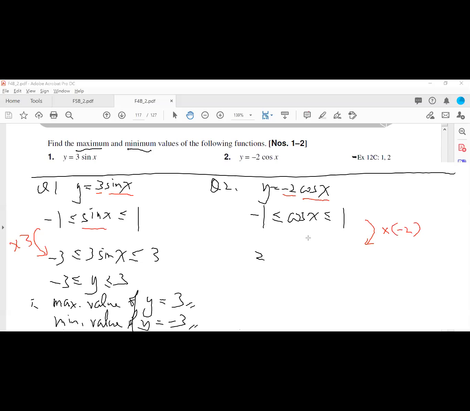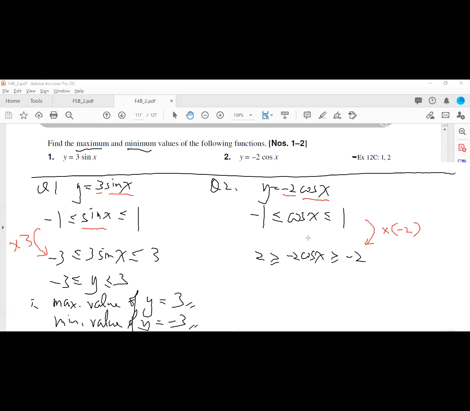And then the middle part, cosine x times -2 is -2 cosine x. Then the right-hand side is 1 times -2, that is -2, okay? But because you have multiplied a negative number to the inequality, so you need to change the inequality sign to be in reverse direction. Okay, reverse direction.